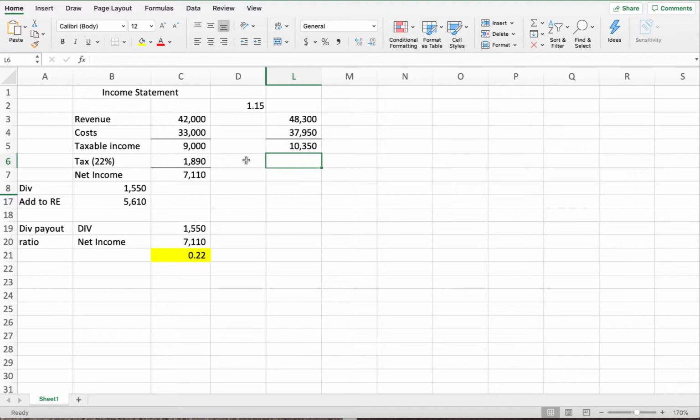I need to figure out what the tax is. In this problem, they tell us that the tax is 21%. This is from the previous problem, so I want to change it to 21%. My tax amount is my taxable income times 0.21.